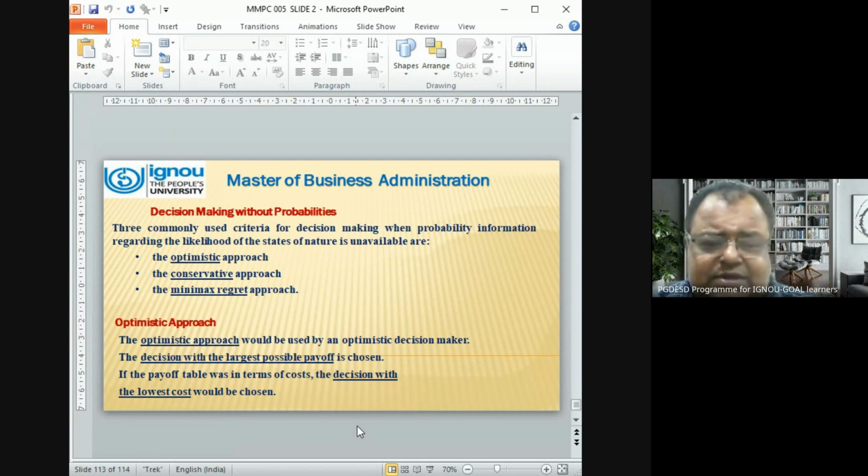The optimistic approach would be used by an optimistic decision maker. The decision with the largest possible payoff is chosen. If the payoff table was in terms of cost, the decision with the lowest cost would be chosen.